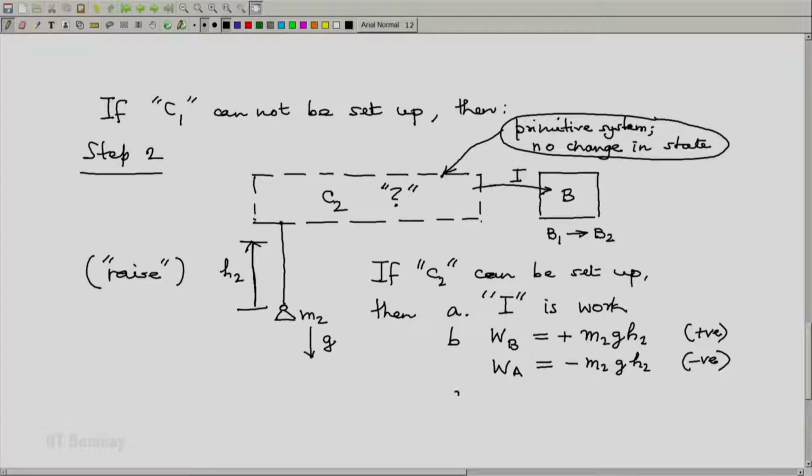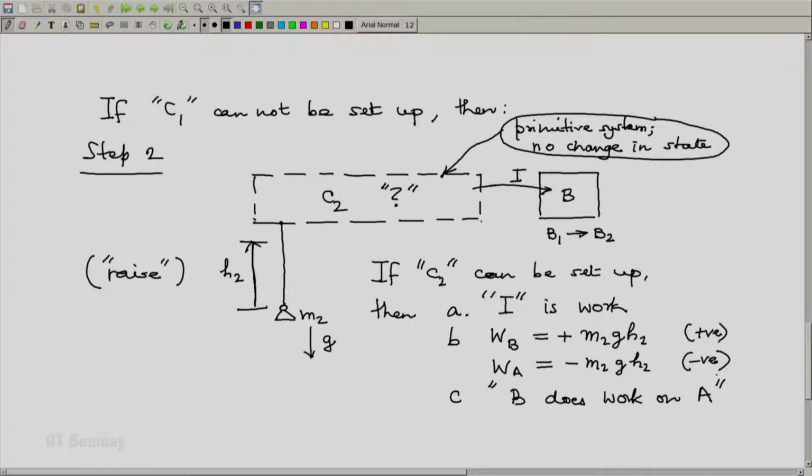And we say finally system B does work on system A. Conclusions are similar to the conclusions of step 1, but the other way, A and B get interchanged, and of course 1 and 2 get interchanged.